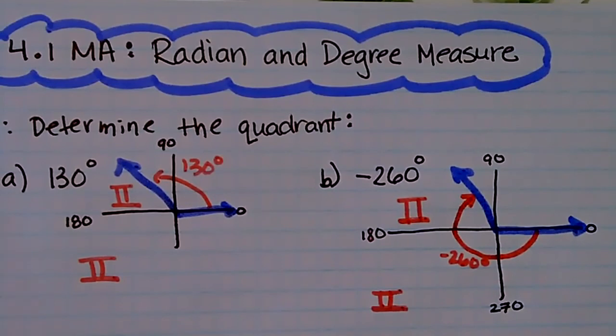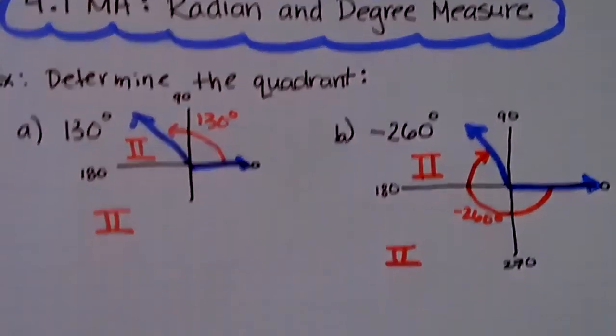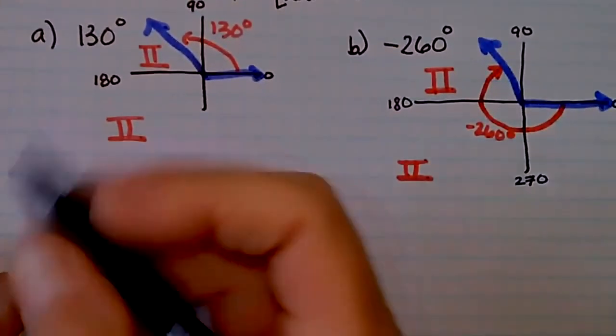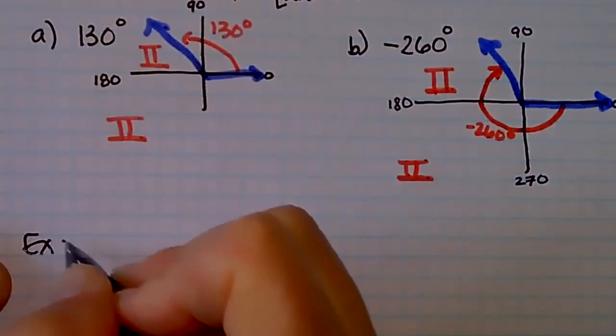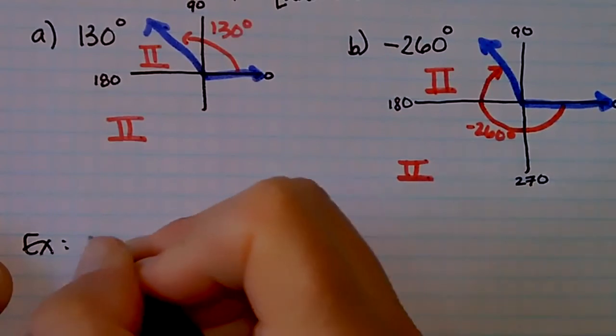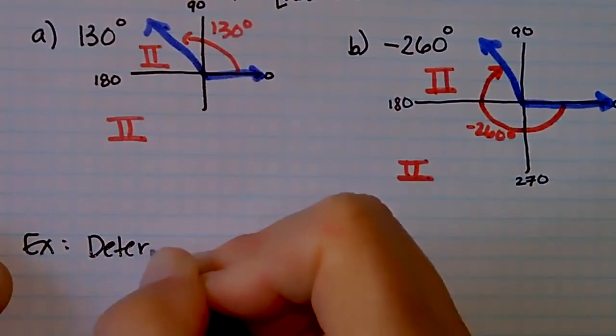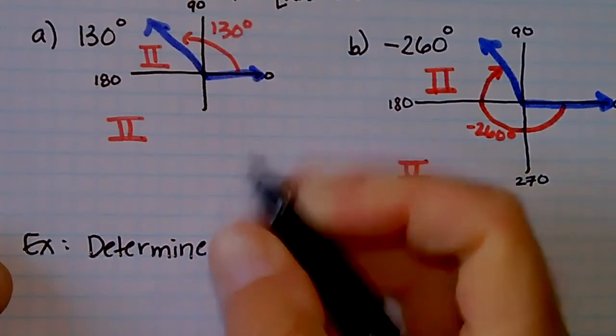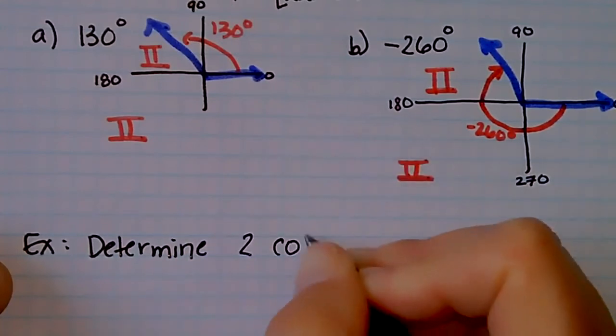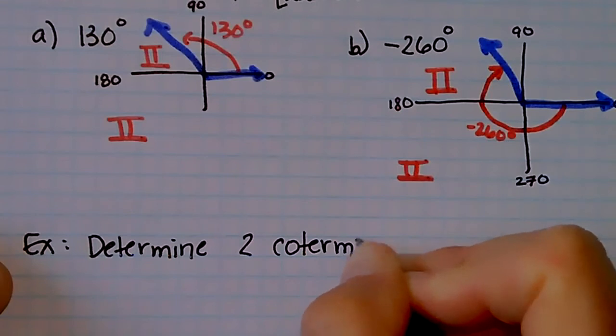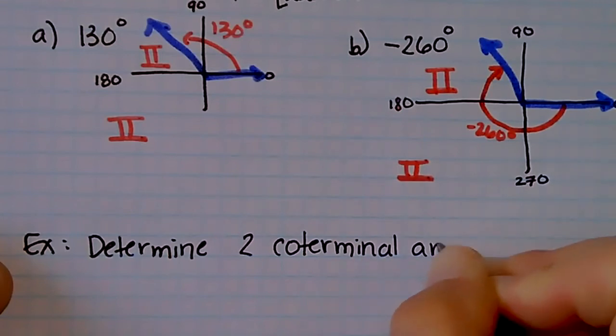So now let's go through another type of problem that you guys are going to be seeing. Okay, so for this example, what we're going to do is determine two coterminal angles.